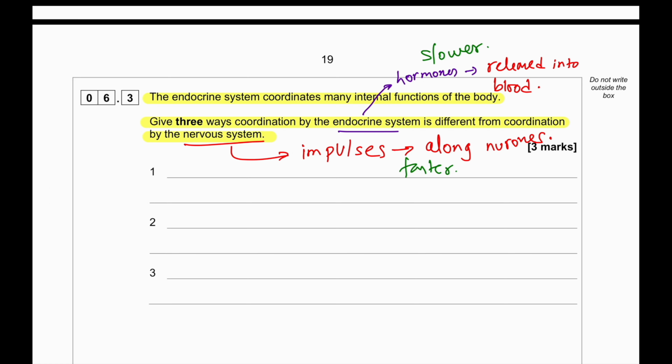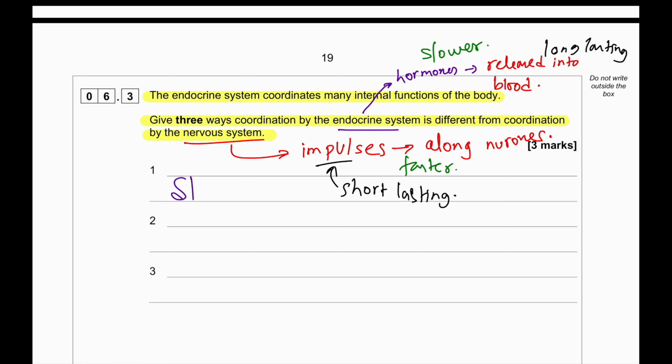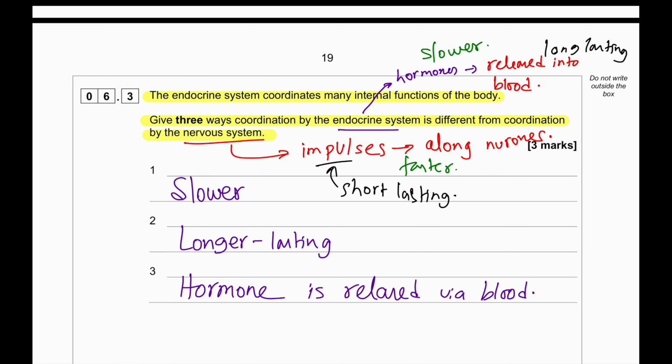However, hormones stay in the blood for longer, so we'll say long-lasting, in comparison to impulses, which last a few seconds, so short-lasting or a single response. So the points we can write: hormone is slower, but it is longer-lasting, and hormone is released via blood.